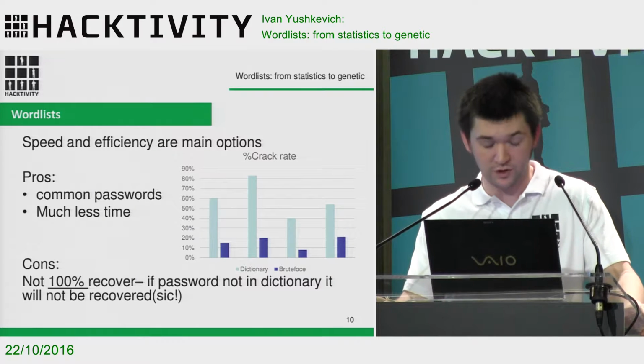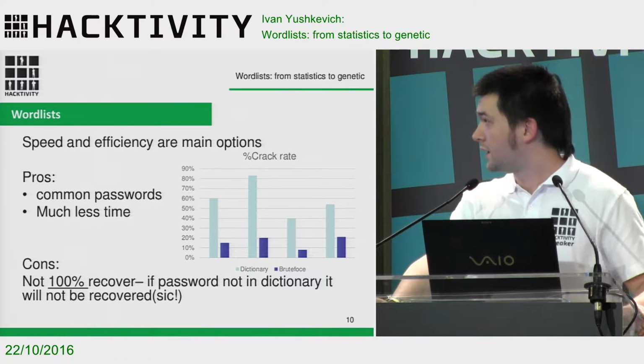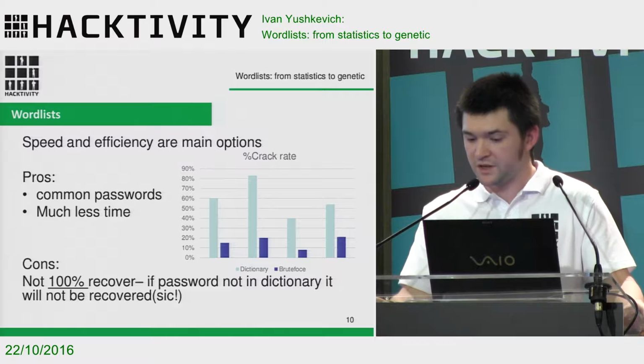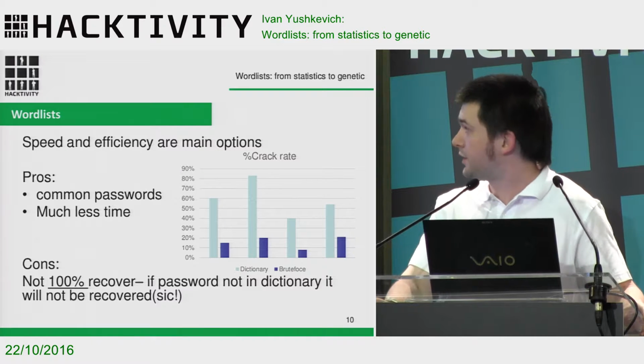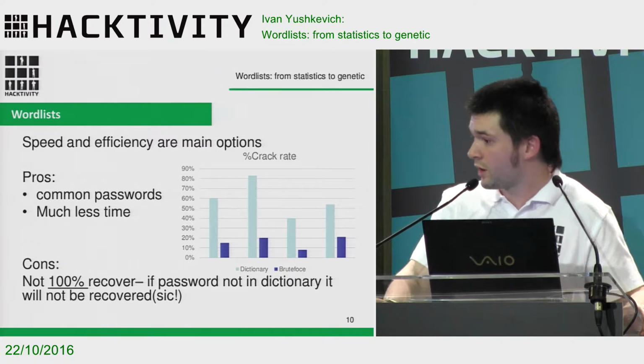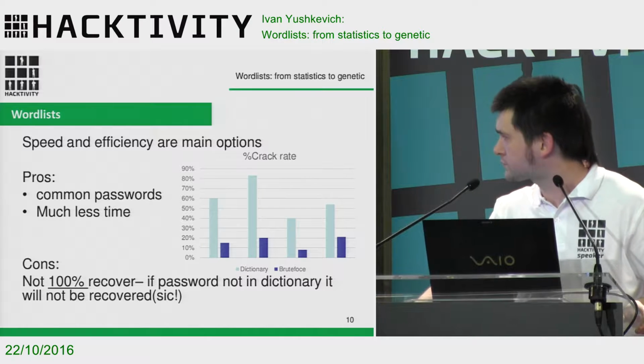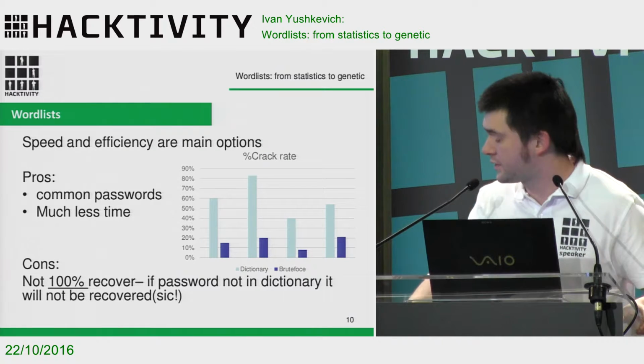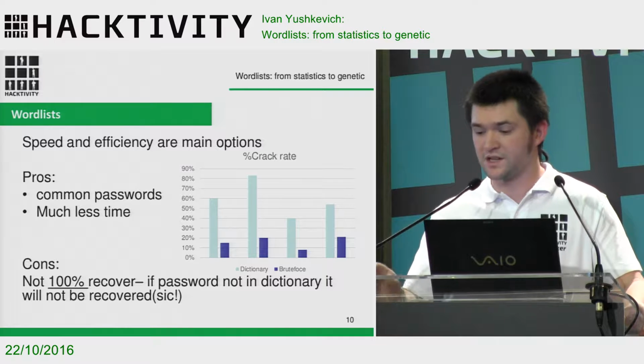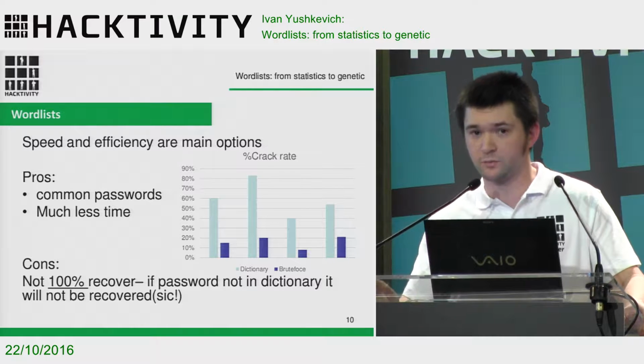Another popular method is wordlists. The main benefit is that they are small and have good efficiency. On this slide you can see a graph with the results of cracking some hash lists with a wordlist attack and brute force.